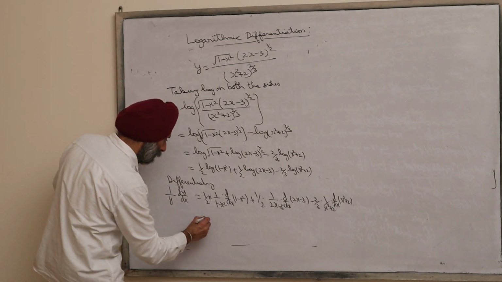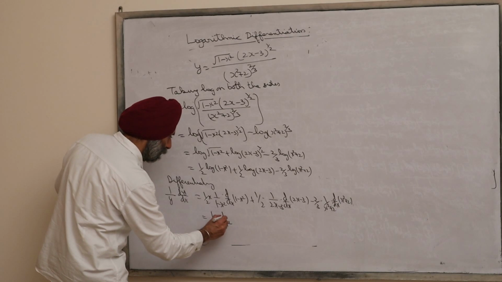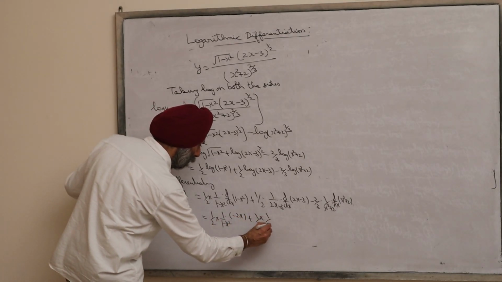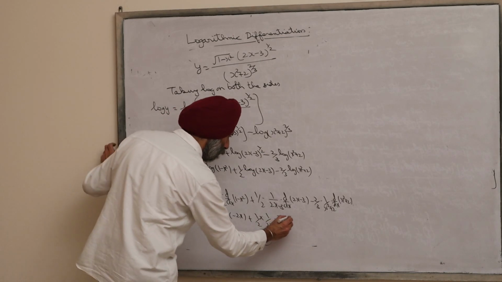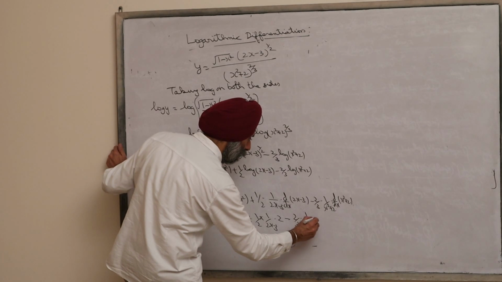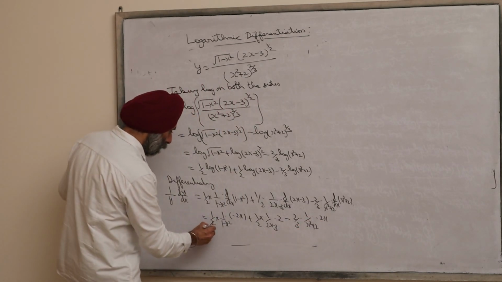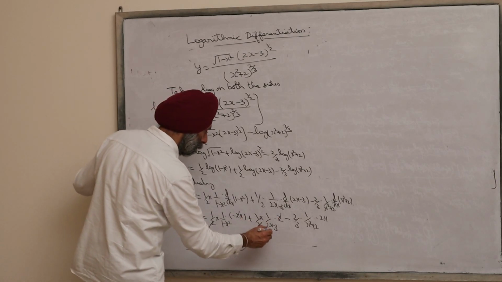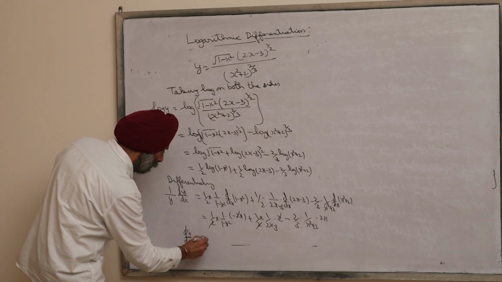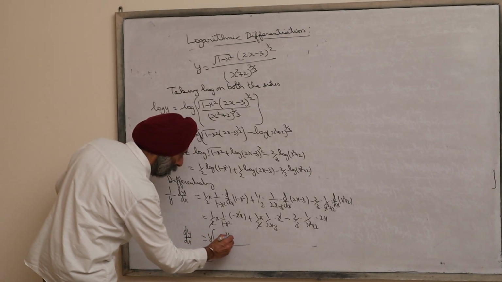So you can see here it is half of 1 over 1 minus x square into minus 2x, plus 1 over 2 into 1 over 2x minus 3 into 2, minus 2 by 3 into 1 over x square plus 2 into 2x here. So this way we have the differential. So what is dy over dx? It is y into minus x over 1 minus x square.